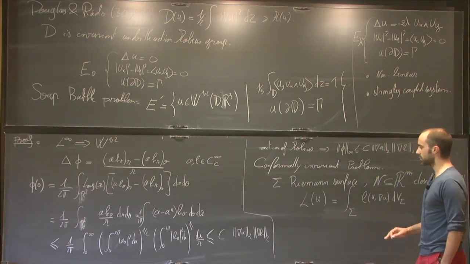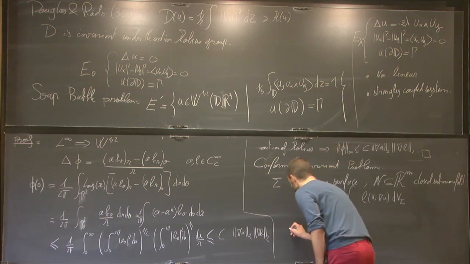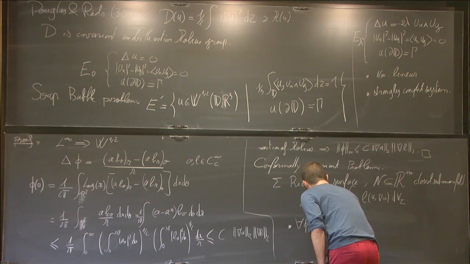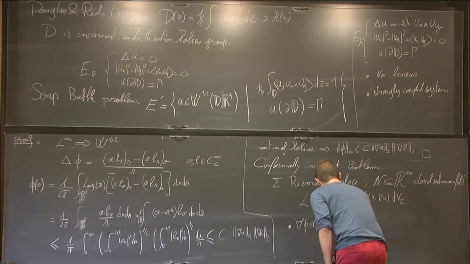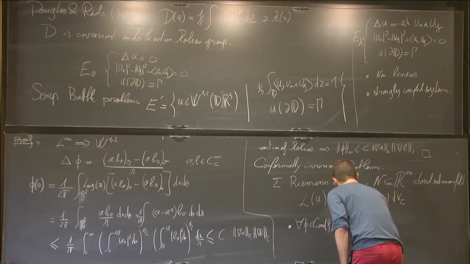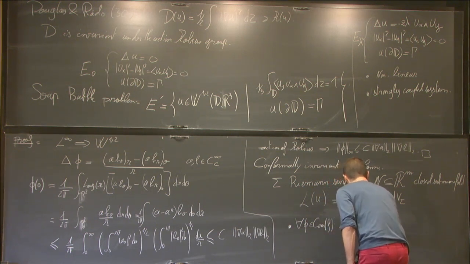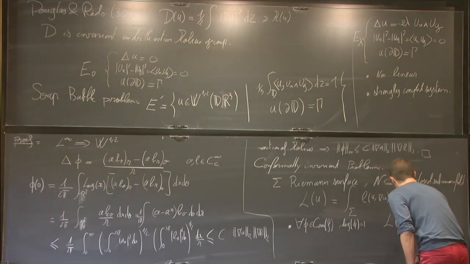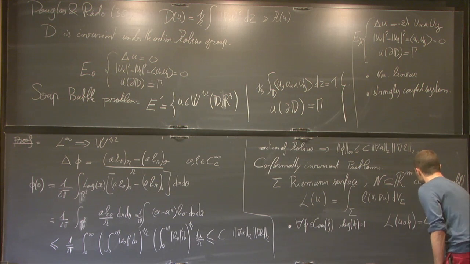And we want the functional to satisfy two properties. Of course, the first one is to be conformally invariant. So for every conformal map, let's say with degree 1, we want that L(u of phi) equals L(u).